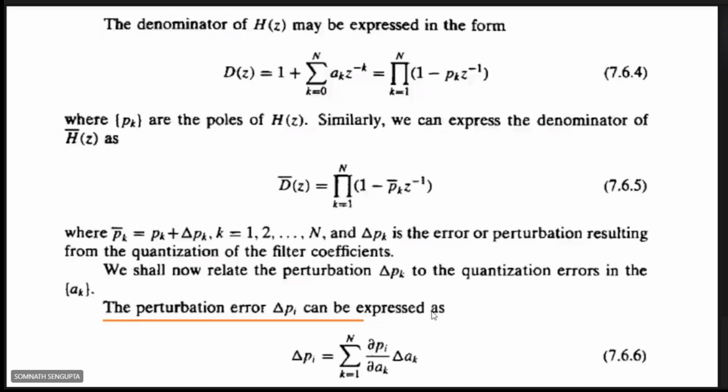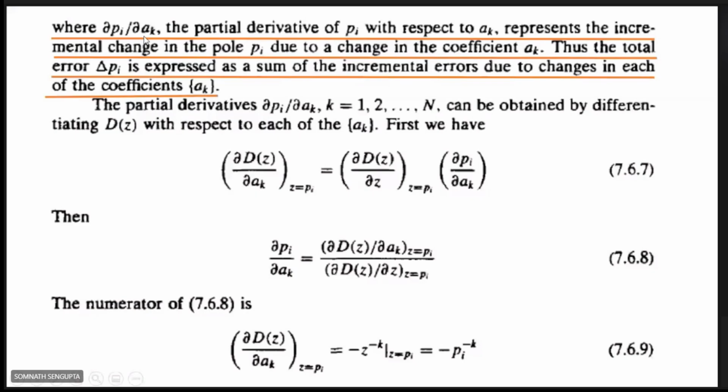Now here it is written that dou pi by dou ak is the partial derivative of pi with respect to ak, and represents the incremental change in the pole pi due to a change in the coefficient ak. Thus, the total error delta pi is expressed as a sum of the incremental errors due to changes in each of the coefficients ak.